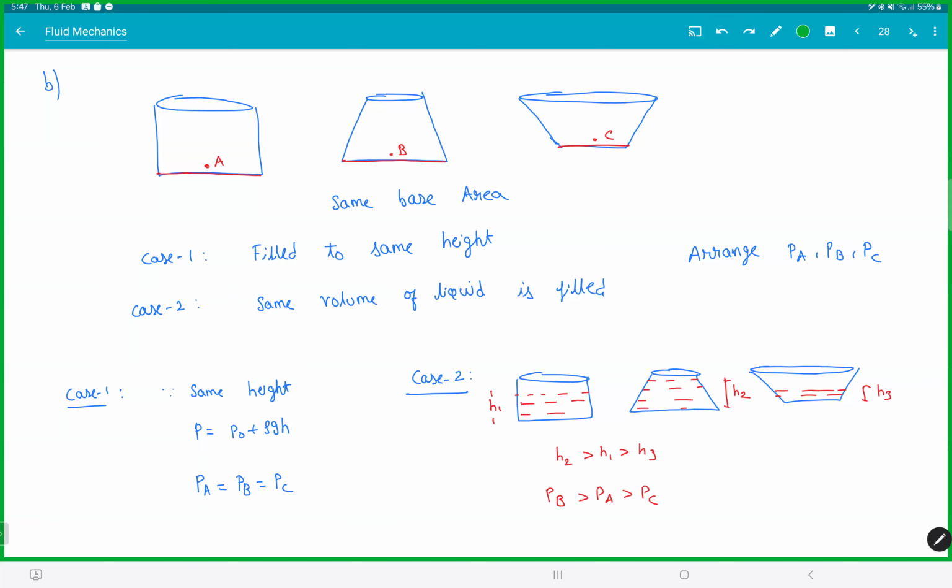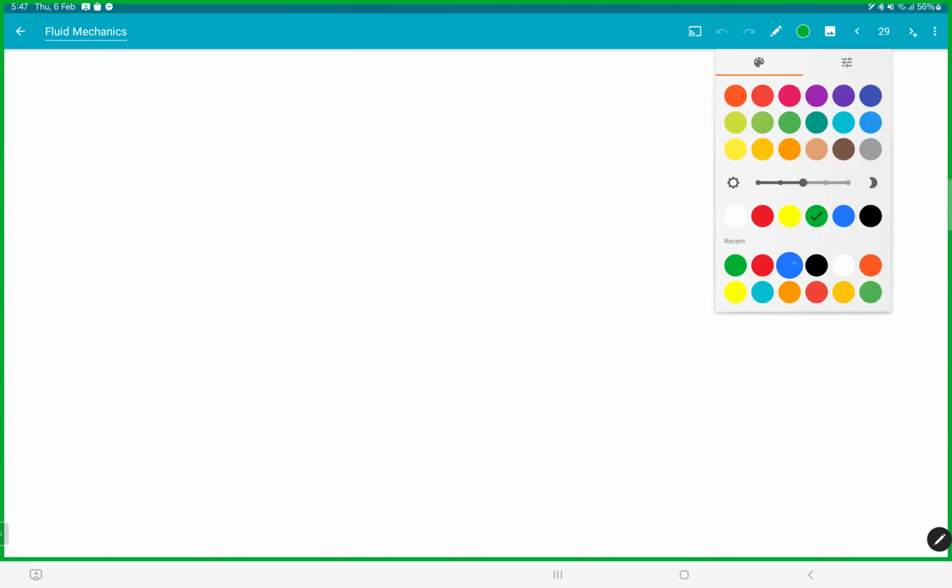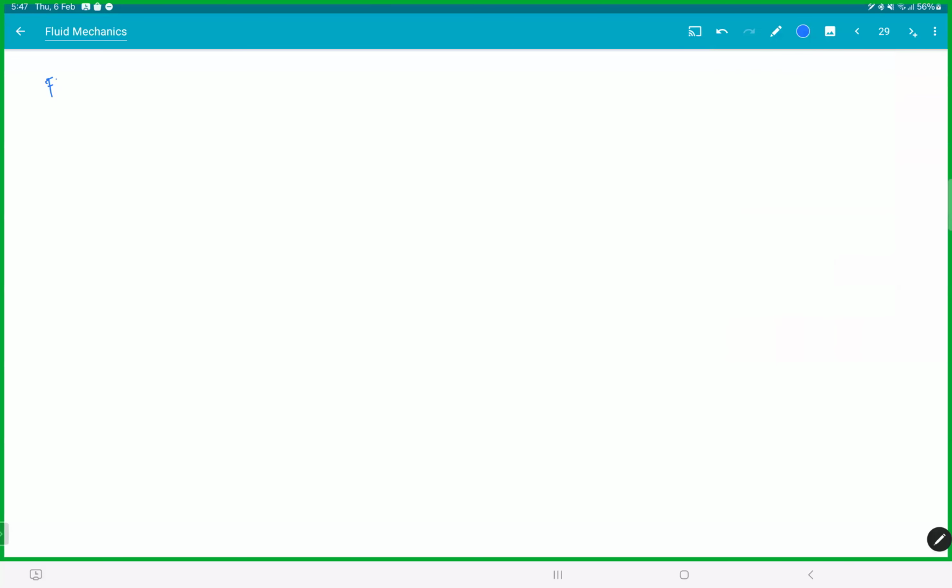Let's try to draw the FBD of the liquid and you will see what you're missing. If you draw the FBD of the liquid, the first one was like this, second was like this, third was like this.